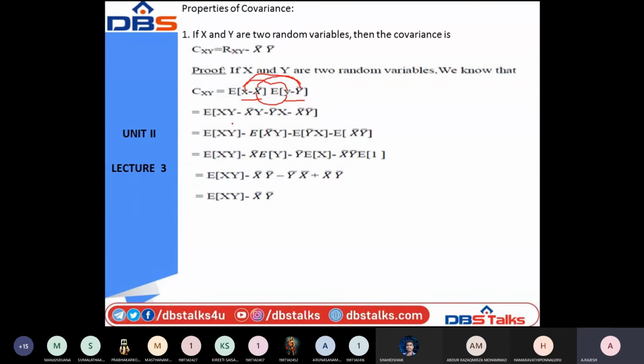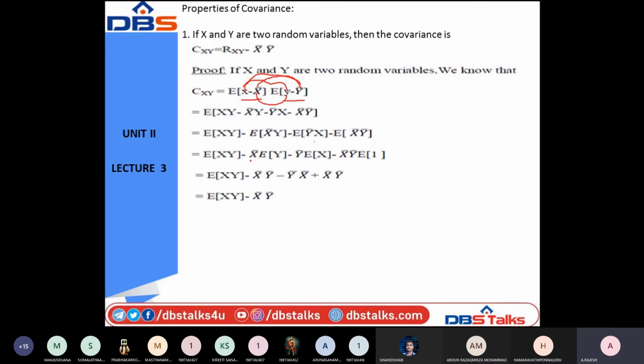So we have written each and every term separately, that is e of xy minus e of x complement y minus e of x y complement, or y complement x, minus e of x complement y complement. Okay, so e of x complement y complement, if these both are constants, then the expected value will be equal to 1.